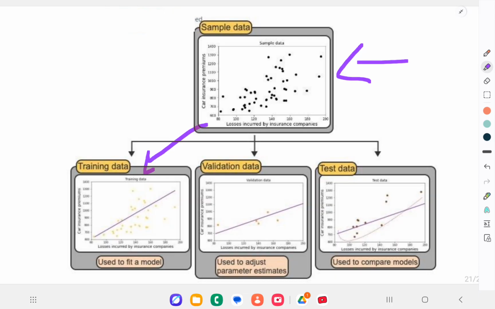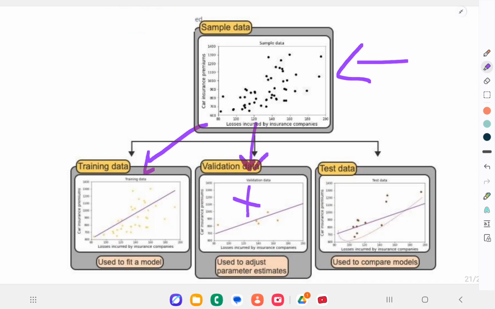Next, we use a separate subset of the data, which is called the validation set. This data is not used to train the model, but it's critical during model selection and tuning. So here we do not use this data during training.